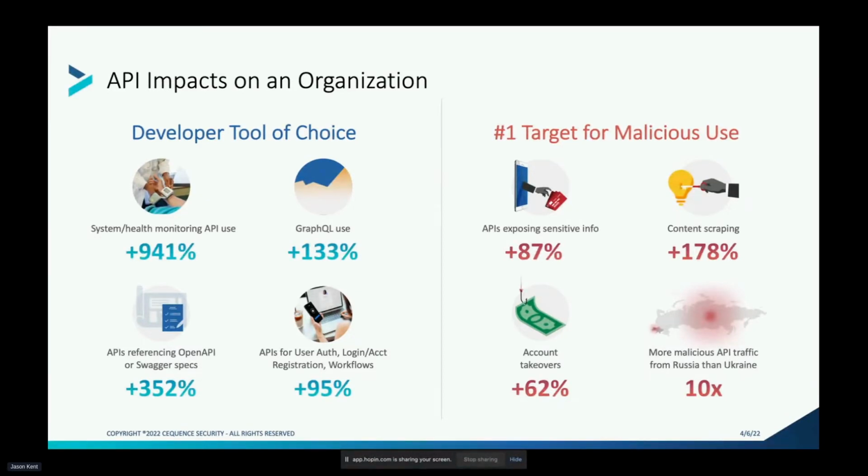APIs are obviously a huge target for malicious use, not only sensitive data and looking at customer data on the back end, but also things like account takeovers. I've noticed that in some of the tools research that I do, I've seen attackers say, all right, well, what you got to do is go to this API endpoint, authenticate, and the session token that you're going to get off that API endpoint, you can then use in another API endpoint or another transaction or even on the web.